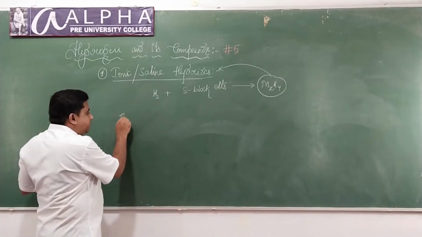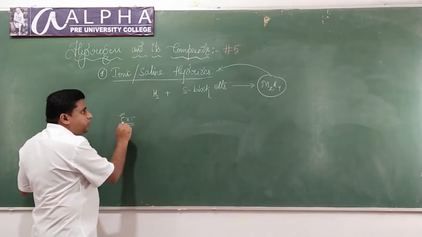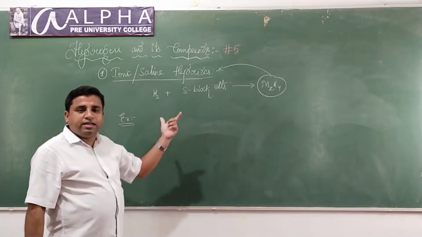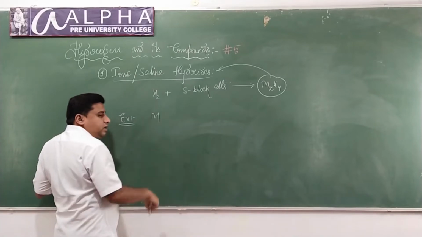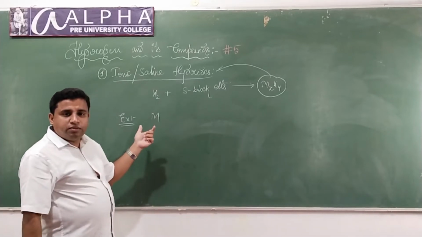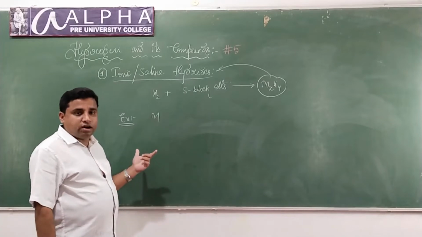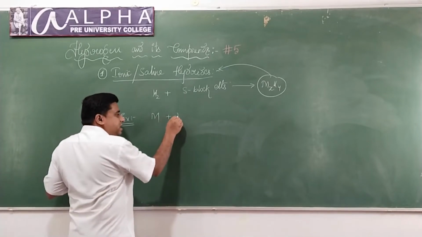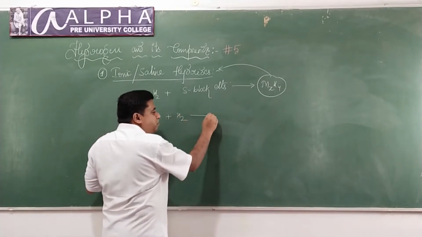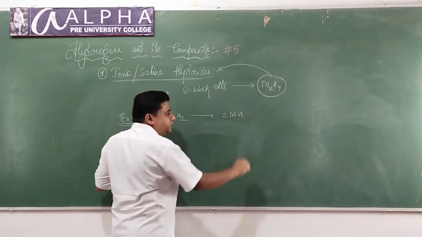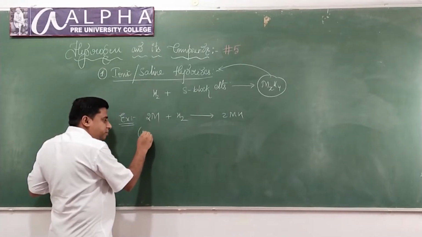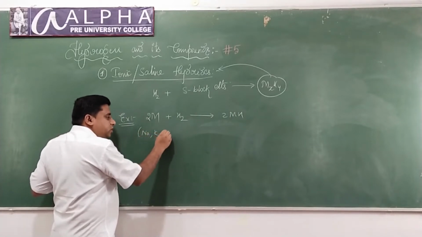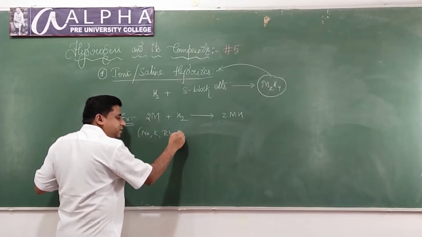For example, in the S block we have alkali metals and alkaline earth metals. If alkali metals like sodium, potassium, lithium combine with hydrogen, they form metal hydrides of the type MH, where M might be sodium, potassium, rubidium, cesium.